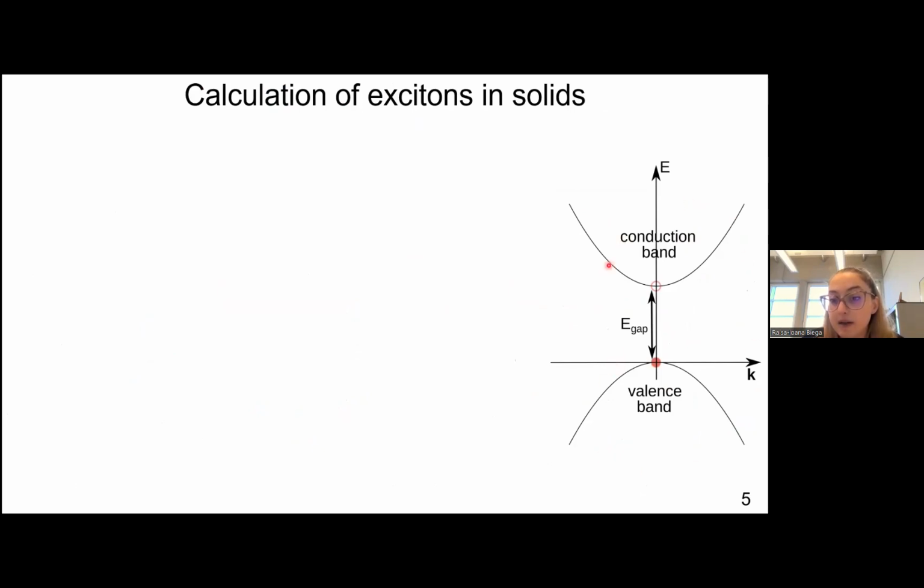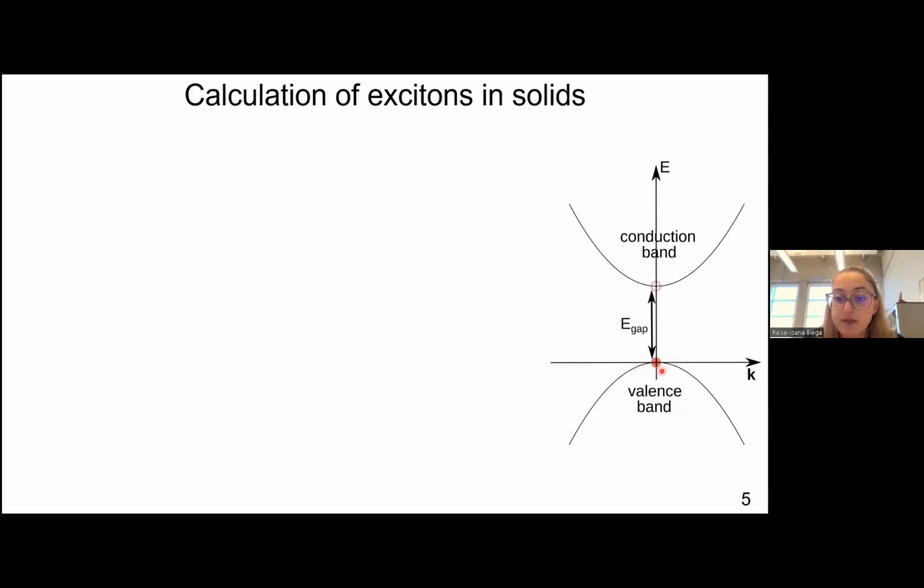Now, this is a representation of a semiconductor with parabolic bands. Those are the parabolic bands. Here is the valence band region, now the conduction band region, and they are separated by the gap energy.